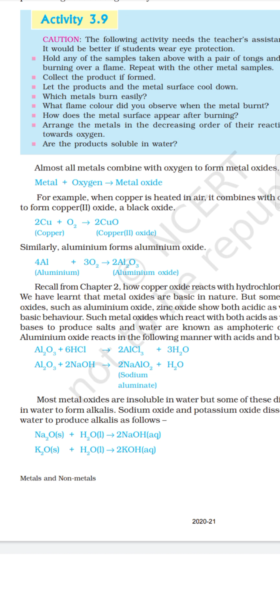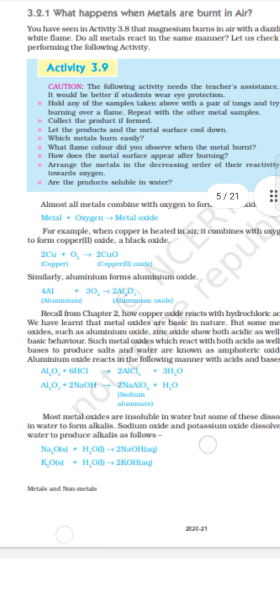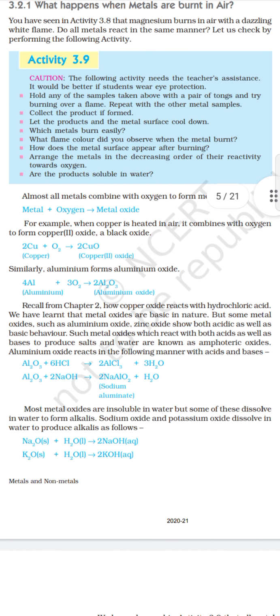Keep in mind. Okay. So next one, most metal oxides are insoluble in water and some of these dissolve in water to form alkalis. Alkalis are nothing but bases. Sodium oxide and potassium oxide dissolve in water to produce alkalis. Alkalis are nothing but any of the base, because all bases cannot be mixed into water.